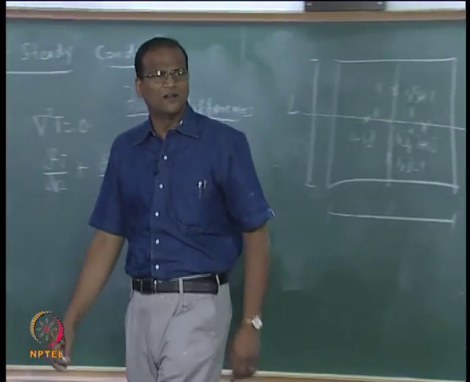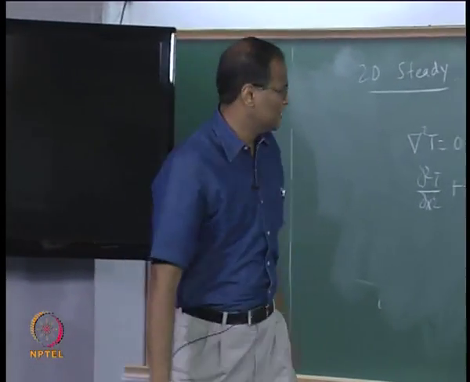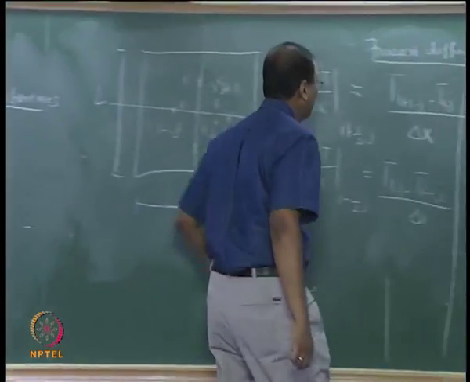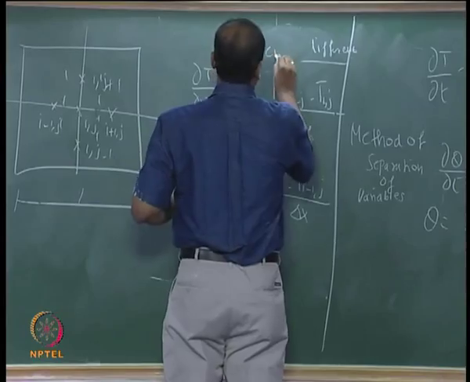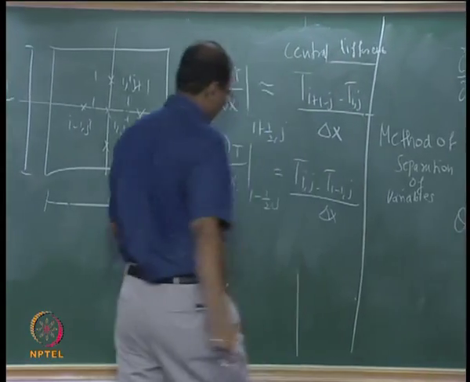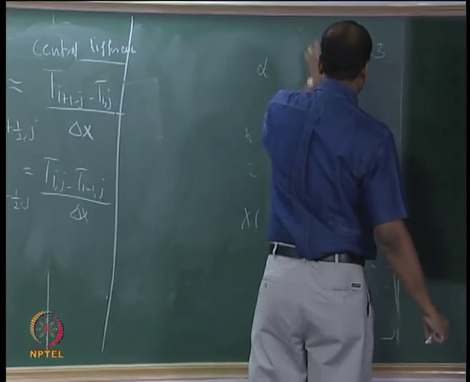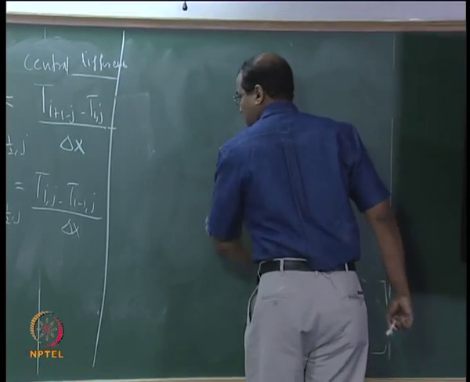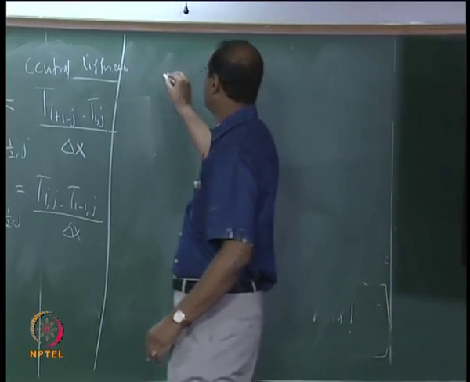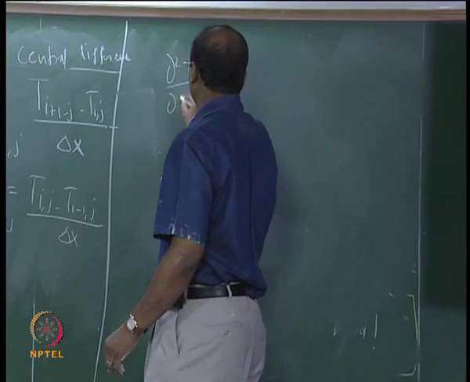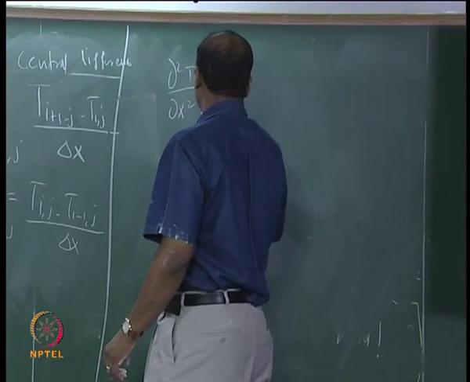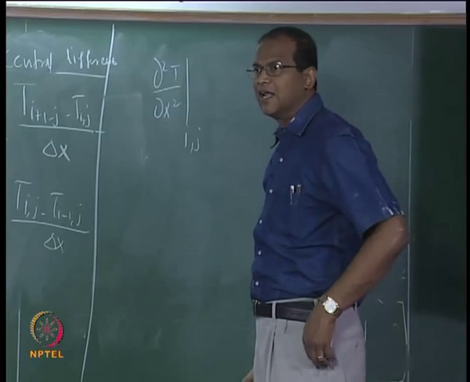Is it forward difference? I am doing central difference, okay. Here I am doing central difference. Now what is d square T by dx square at ij?